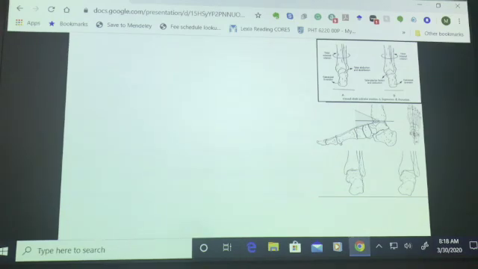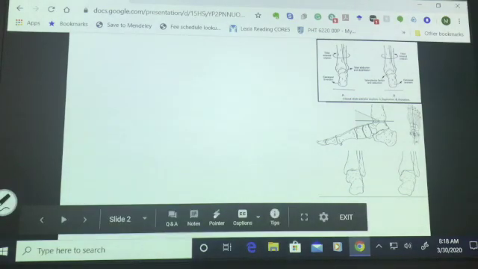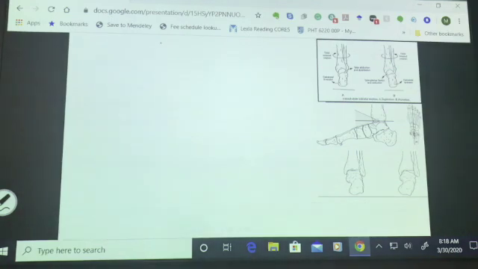Now again, go back to that slide of supination and pronation. What I want you to really think about is what happens when I supinate and what happens when I pronate.